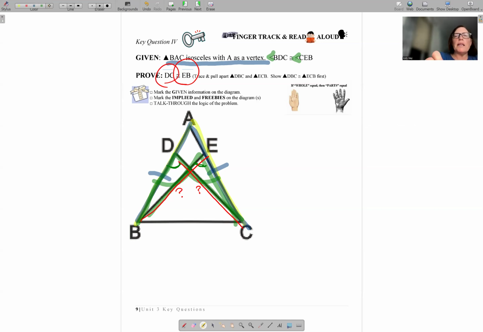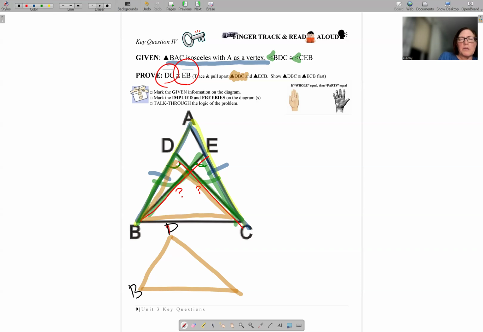You were told right here that you should trace and pull apart the triangle DBC, this triangle right here, and triangle ECB. We're going to trace and pull those triangles apart.